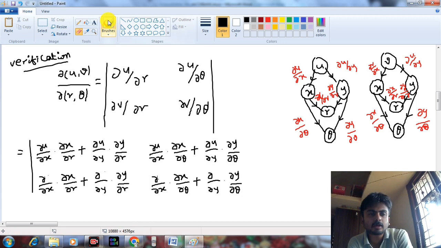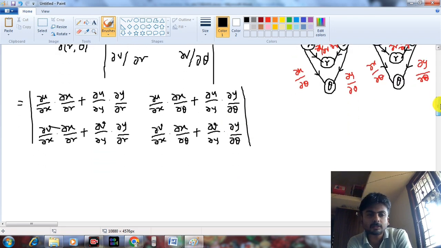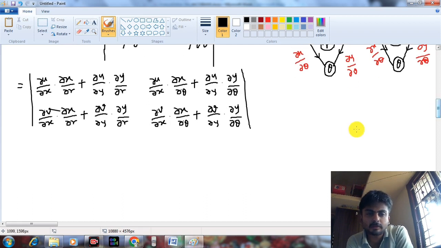So here we will have v everywhere, here v, here also v, and finally v here also. Now we have to substitute the values of ∂u/∂x, ∂x/∂r, ∂u/∂y, ∂y/∂r, everything here, and finally we have to take the determinant.